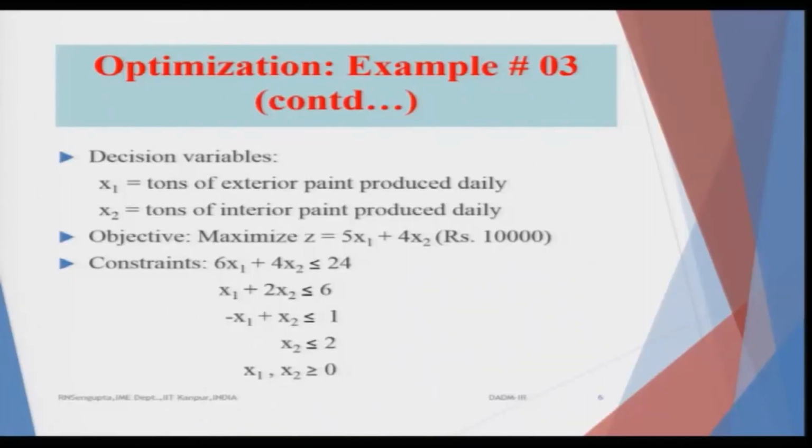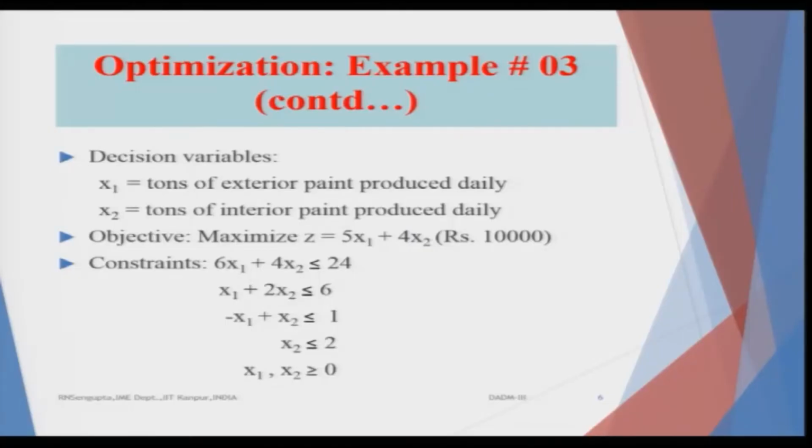So, we will consider x1 as the tons of exterior paint produced daily, and similarly x2 as the tons of interior paint produced daily on a unit time scale. Considering the profit, it comes out to be 5 x1 plus 4 x2, where 5 and 4 are the respective profits for 1 ton of exterior paint and 1 ton of interior paint.